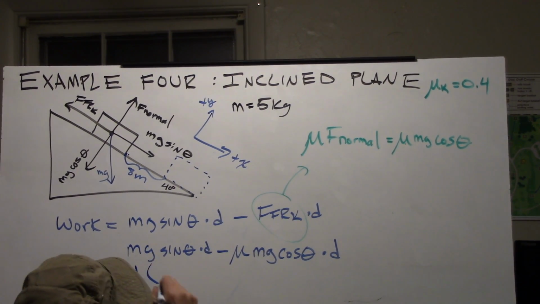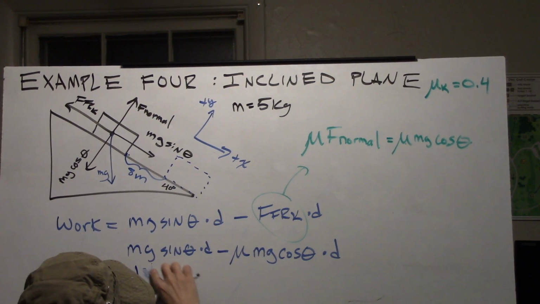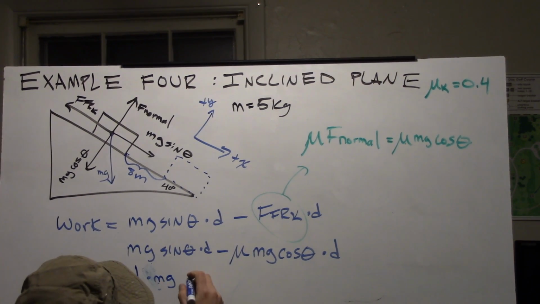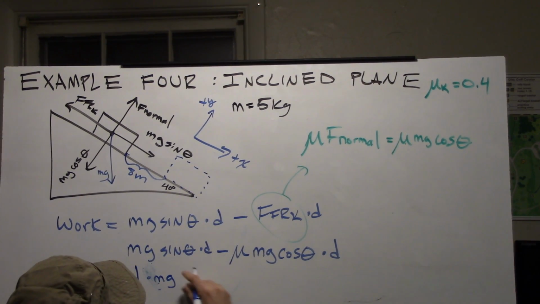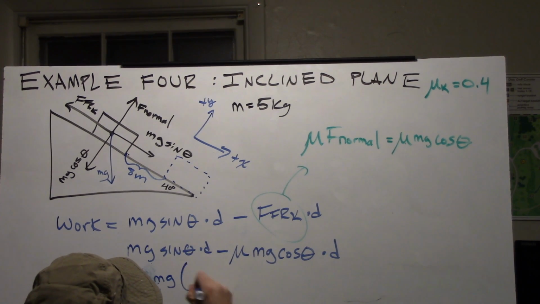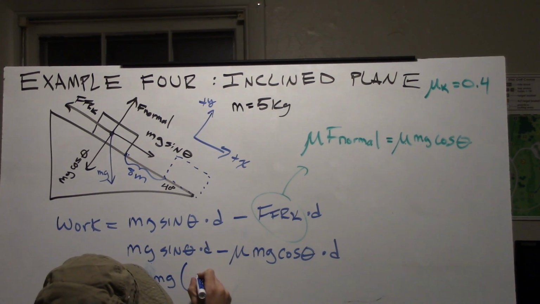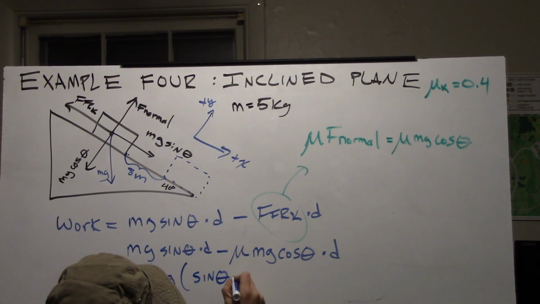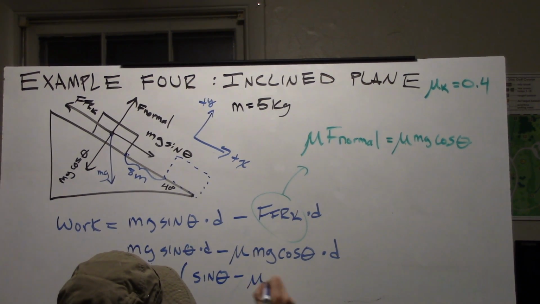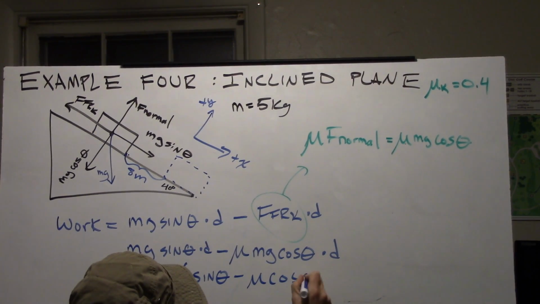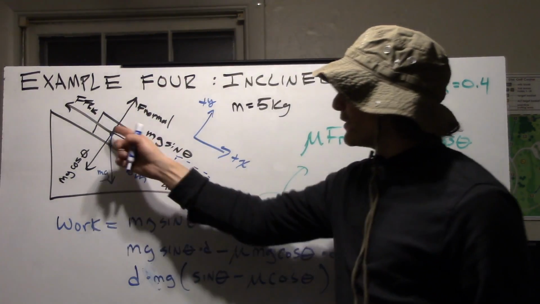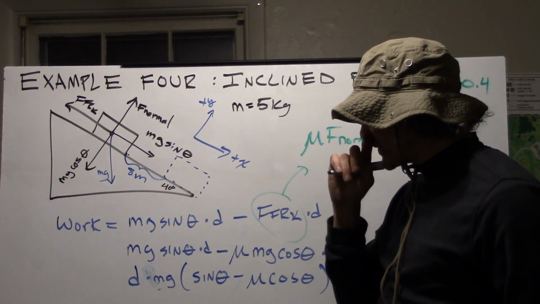I can factor out an mg as well. Ooh, this is really getting exciting. D times mg. All right, dmg. I know that's like a Mac thing. Times sine theta minus mu cosine theta.